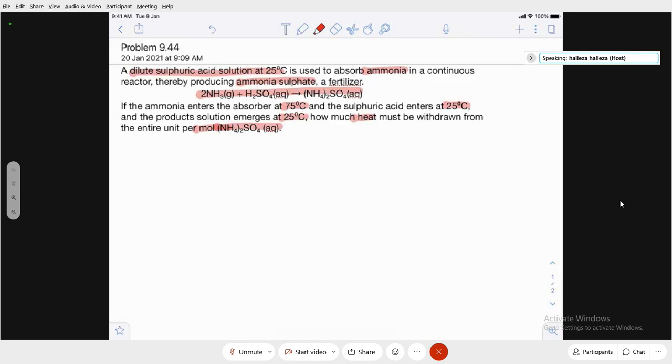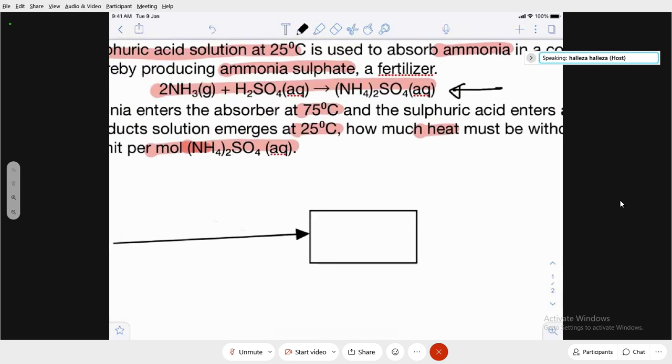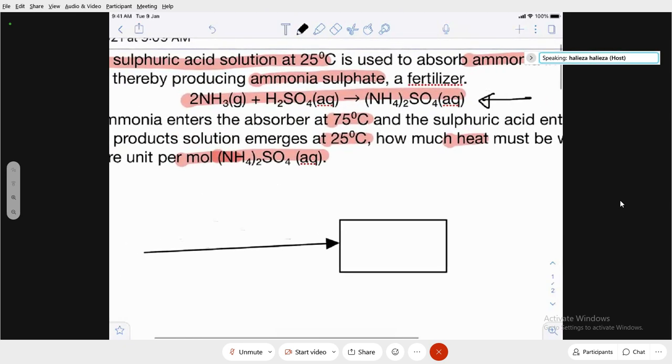Okay? First thing that you need to do is draw your block diagram. Over here, we have 2 inlets. Based on this equation, we're going to form 1 mole, and we're going to assume that the reactants are supplied according to the stoichiometric coefficients.